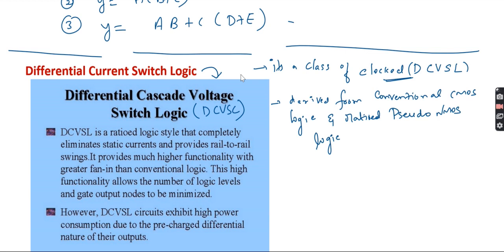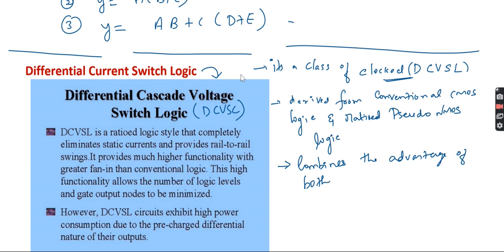Ratio. So now the main important thing is, listen, it will combine the advantages of both. So what are the advantages?